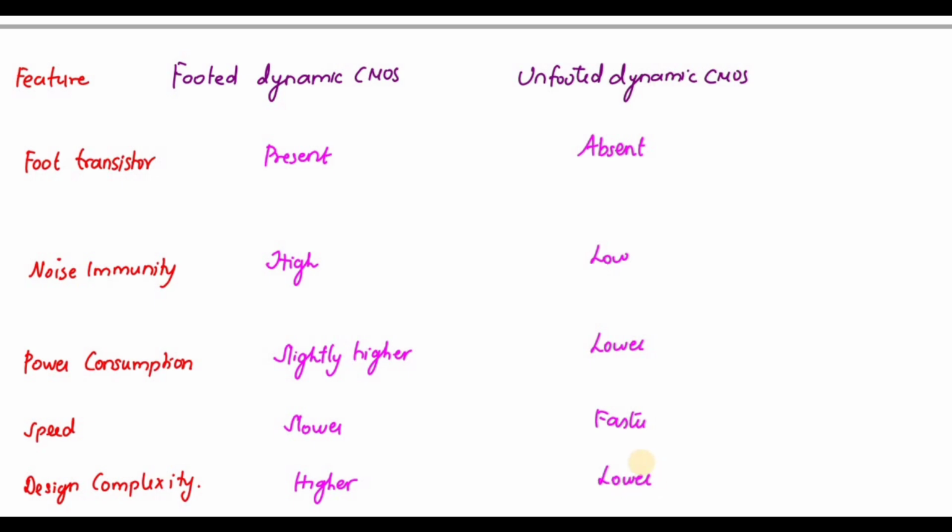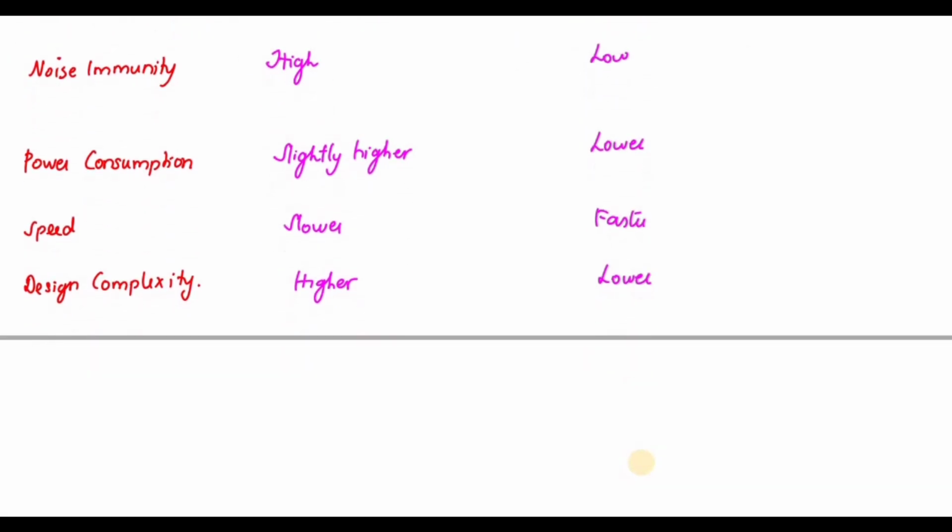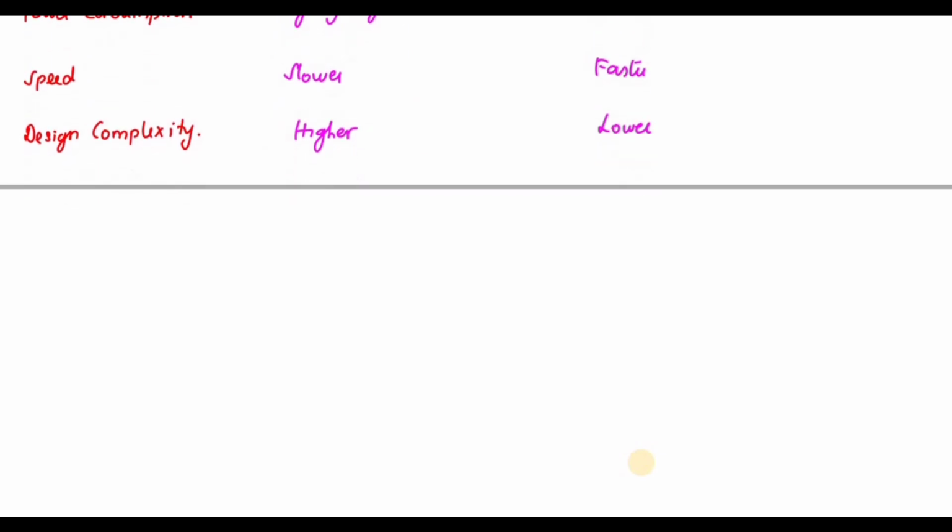If you compare footed dynamic, the G value for an inverter, and for an n-input AND gate, what is the G value? G is nothing but logical effort.